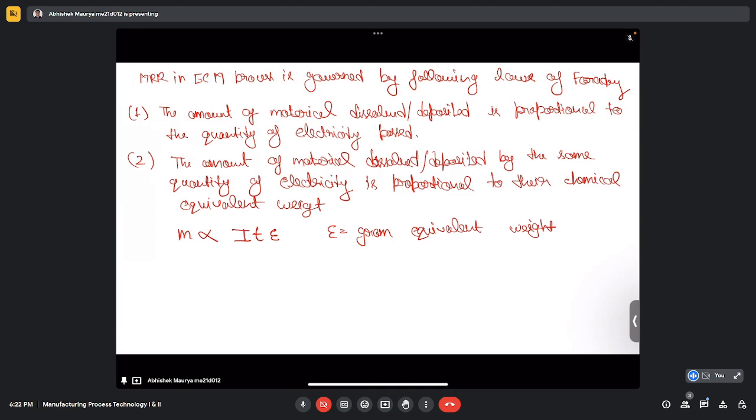So it is nothing but atomic weight divided by valency of the material, and mass is weight in grams.